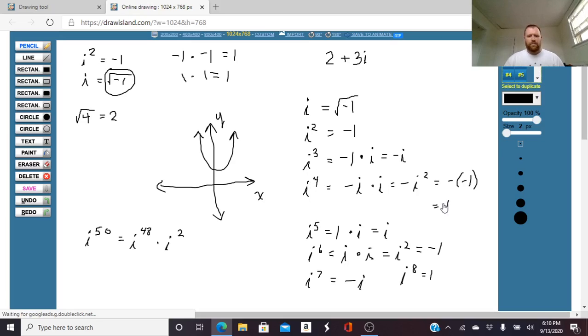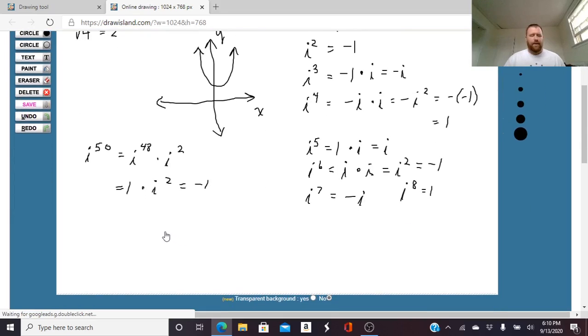So i to the 4th is equal to 1, i to the 8th is equal to 1, i to the 12th would equal 1. So 48 is divisible by 4. That's 4 times 12 is 48. So this is just 1 times i squared. And remember, i squared is negative 1. 1 times negative 1 is negative 1.